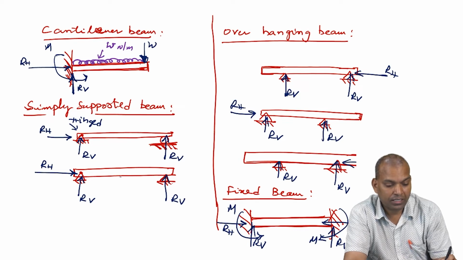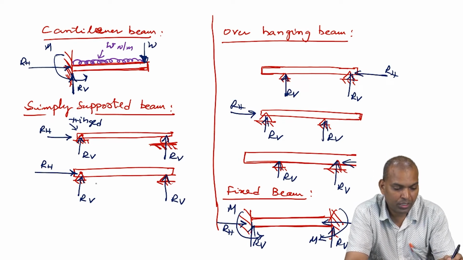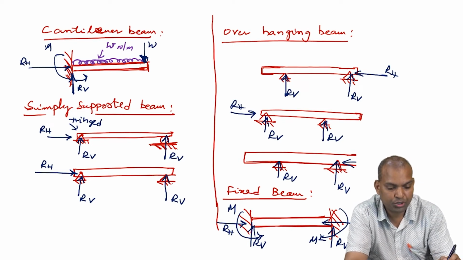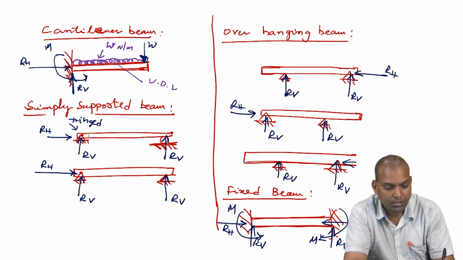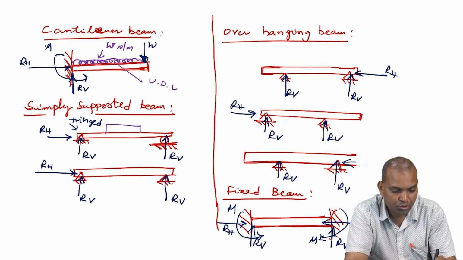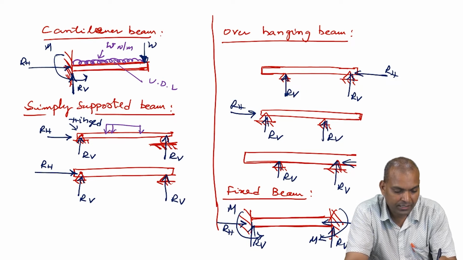Now there is another symbolic presentation of the uniformly distributed load. It can also be presented with a rectangle. That's why it is a rectangular load.